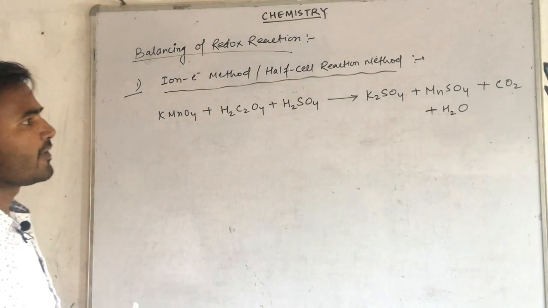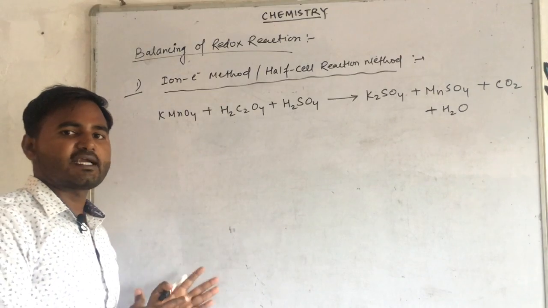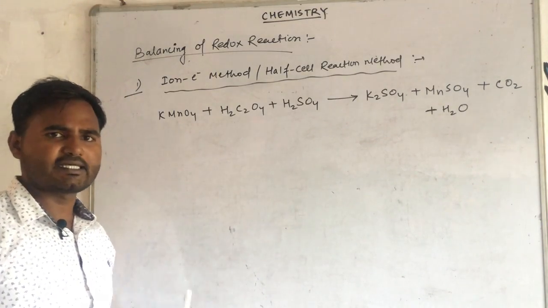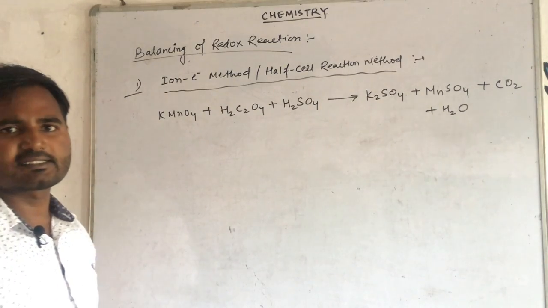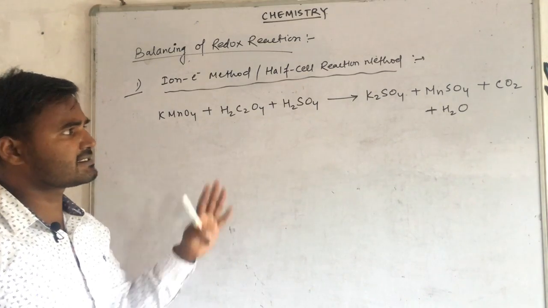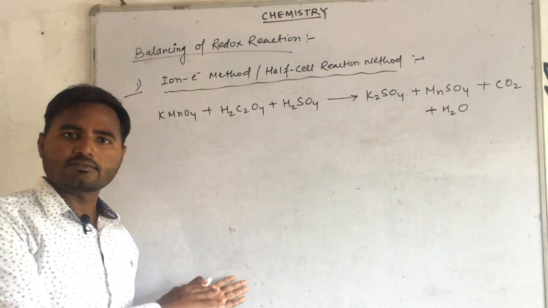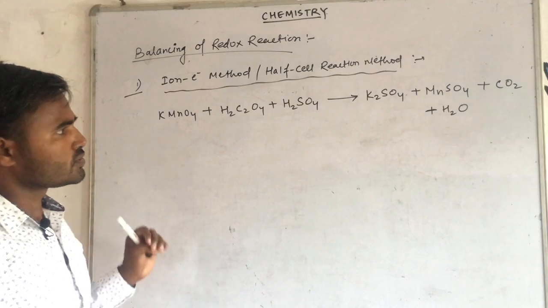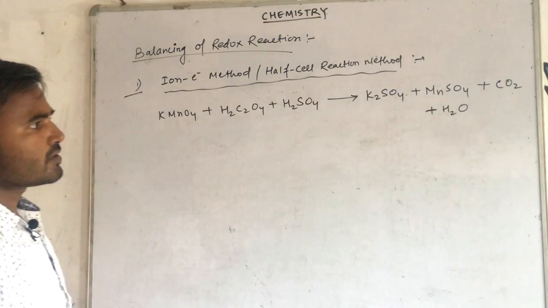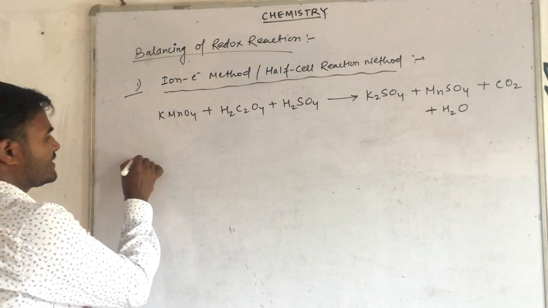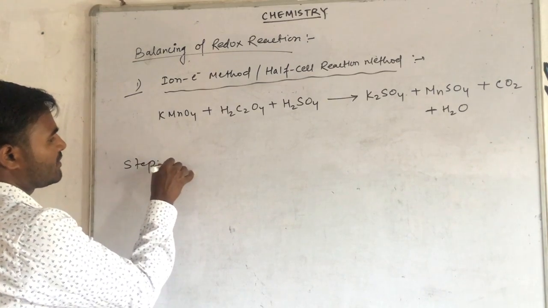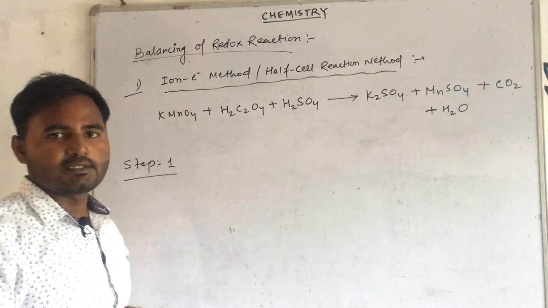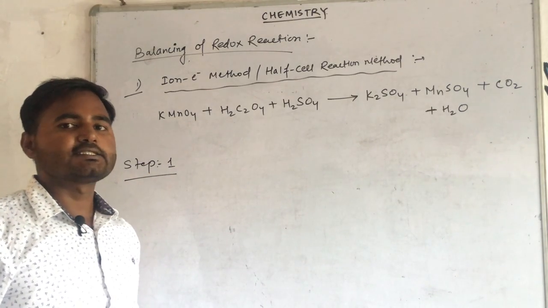For this you just have to identify which part is going to oxidize and which part is going to reduce. This was already discussed in previous classes, so I am not going to discuss it here. I am coming directly to the balancing of the redox reaction. In balancing there is step number 1, which is common for all redox reactions: you have to write down the oxidation number of each atom.